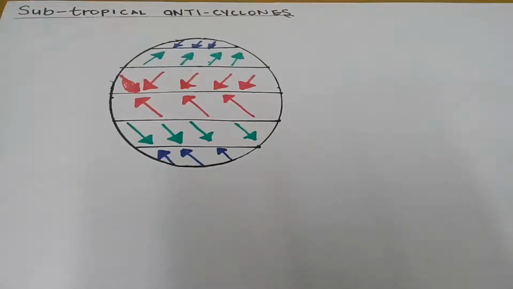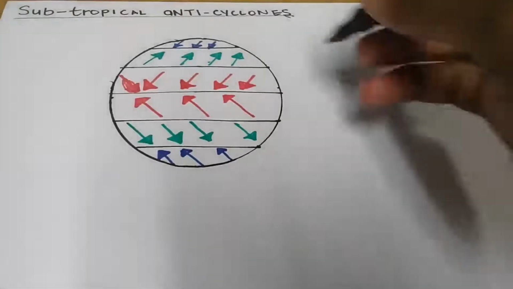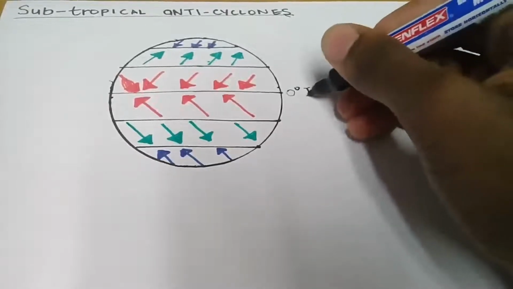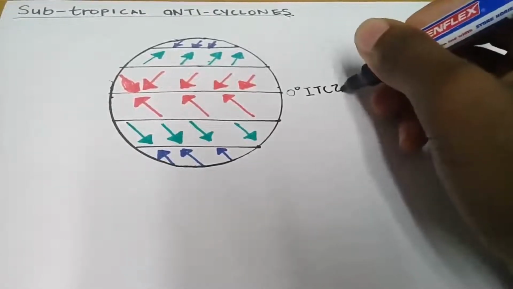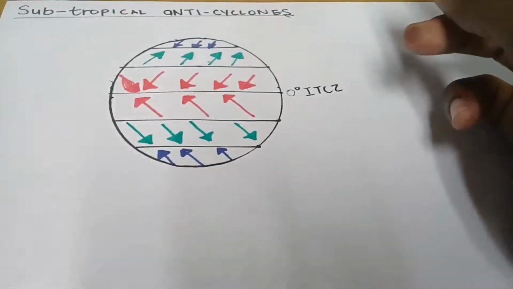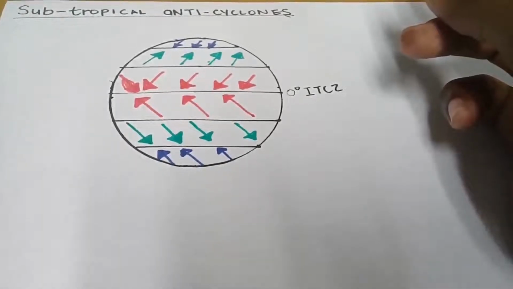This is the equator, 0 degrees. This is the ITCZ, where tropical cyclones form. Have you already discussed mid-latitude cyclones and tropical cyclones? Now we are discussing subtropical anticyclones.